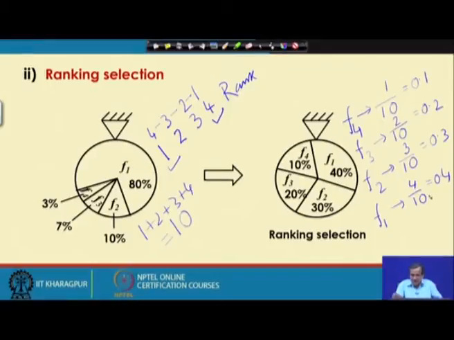Now, this ranking selection is once again one proportionate selection, but in terms of the ranks, not only the fitness values. So, this is the difference between the ranking selection and the proportionate selection, and generally we prefer the ranking selection because it has less chance of premature convergence.